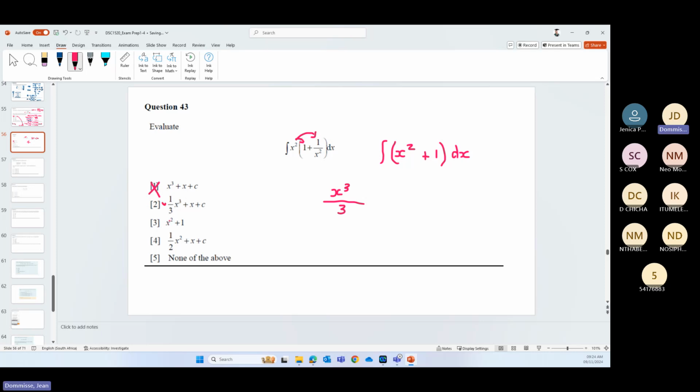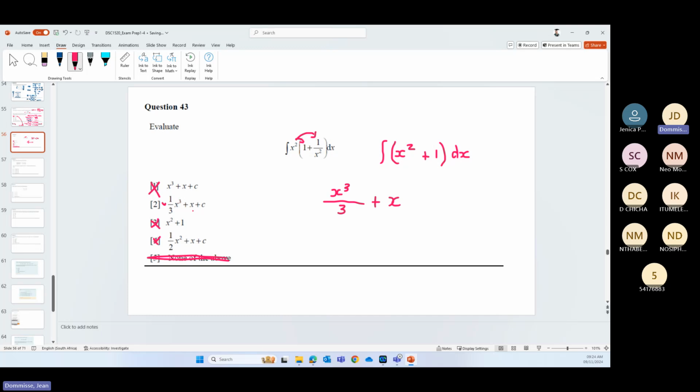So by just looking at that first term already, we know the answer, but let's go on. Okay, so 1 becomes x. It's x to the power of 1 divided by 1, so we actually just have it as x.